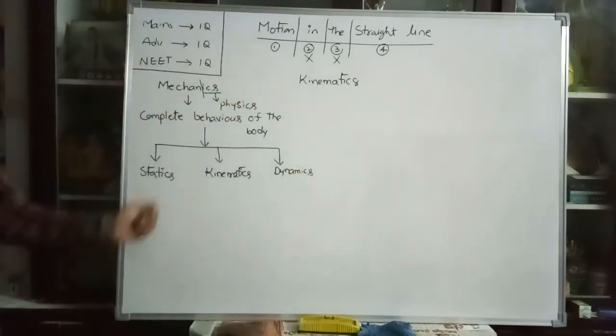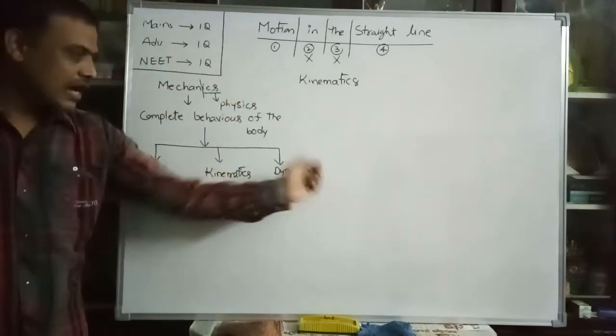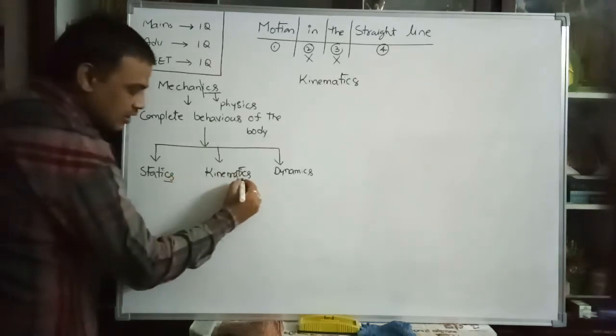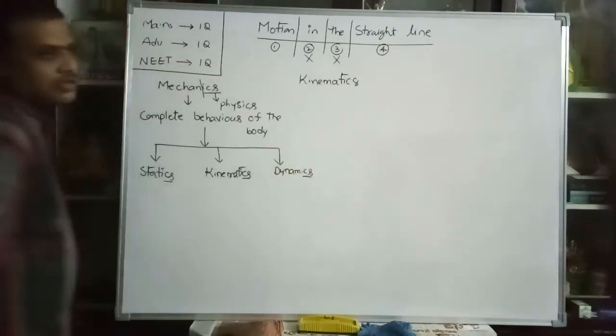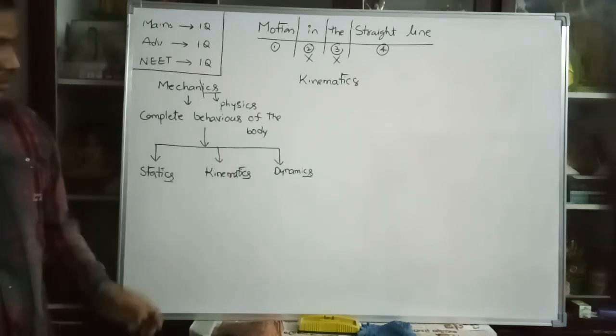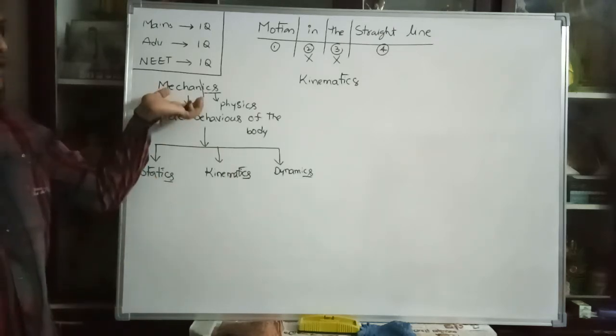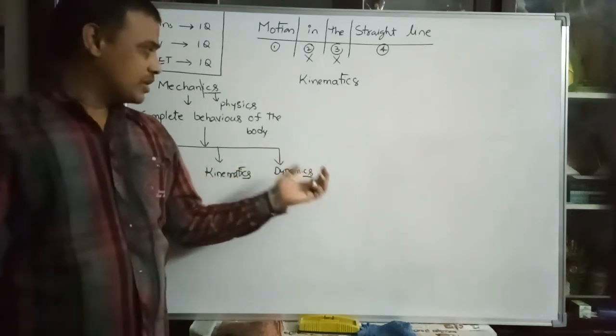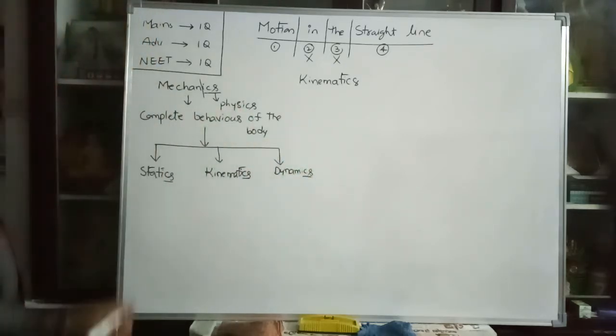In each of these topics, the last three letters are ICS. So these three topics are branches of mechanics, and mechanics is the branch of physics. We will explain them one by one.